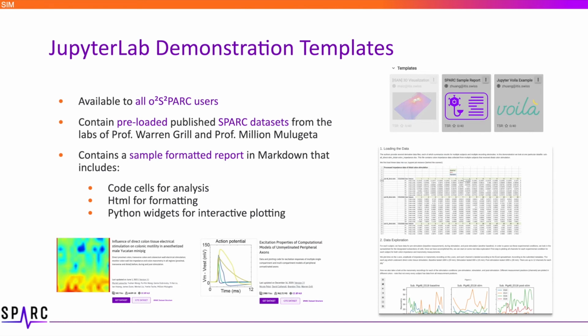So it's just a very good demonstration of what Jupyter Lab can do. And you can access this directly through o²SPARC or through the Spark portal for those of you who are Spark users.